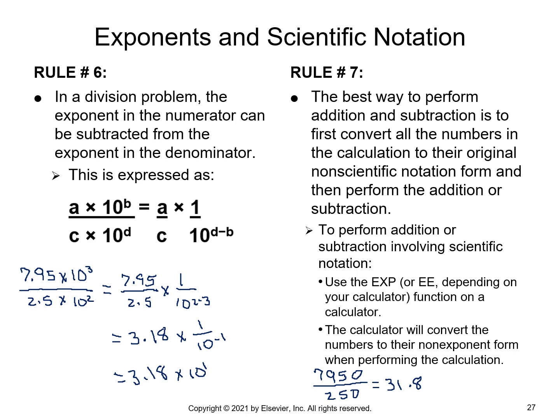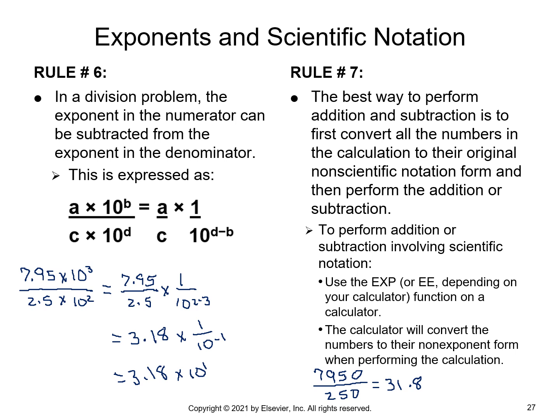Now we can also do this problem a little bit different with division than what we just did. So instead of taking the denominator and subtracting it from the numerator of that exponent, you can do the opposite. You can subtract the numerator from the denominator, and by doing that, instead of that number being on the top, we would bring 3 of those 10s down to the bottom.